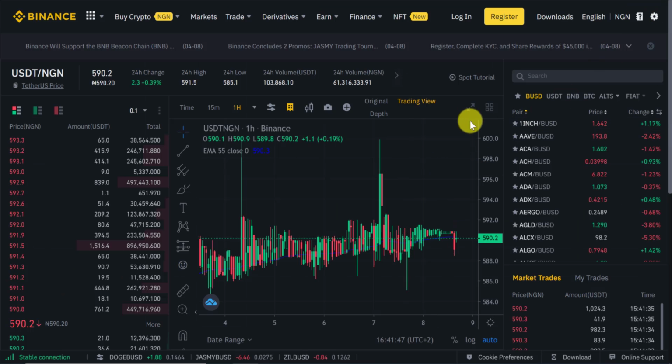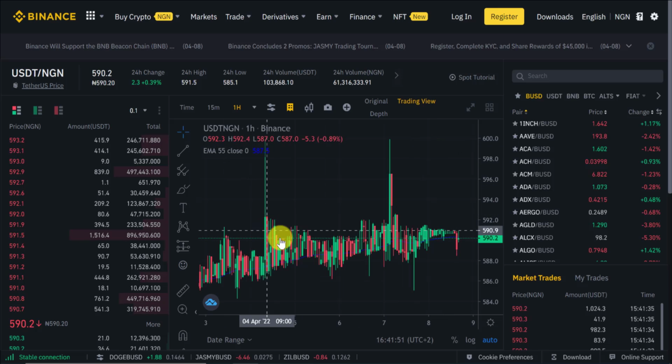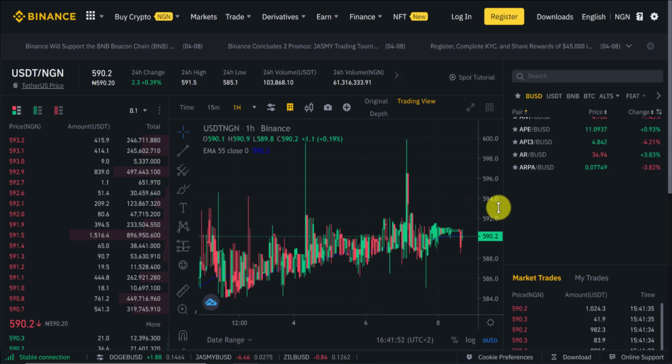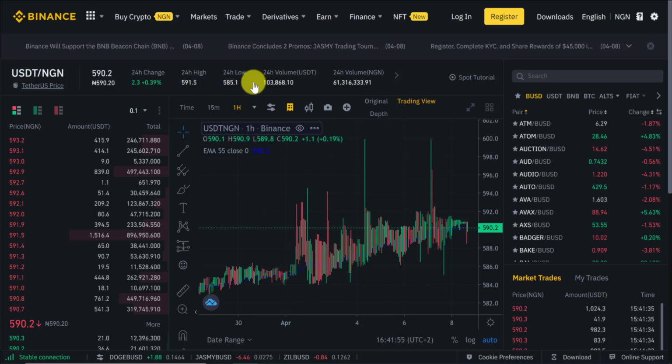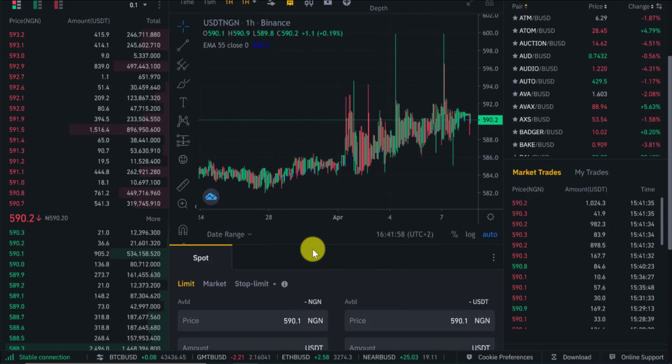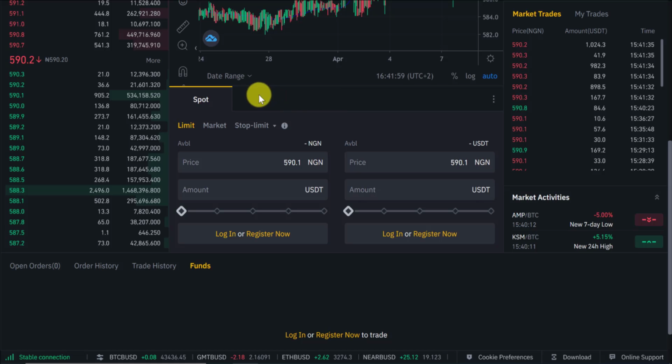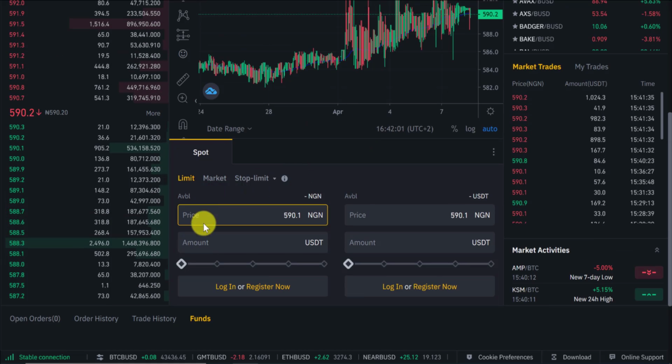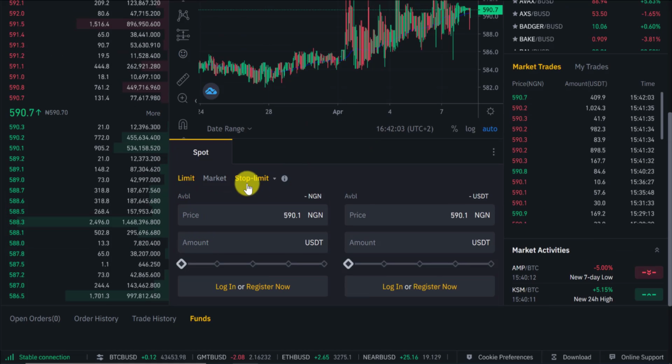Another thing I want you to pay attention to: if you have done your analysis and you want to make your order, you have to scroll down here. These are limit order, market order, stop limit, the available balance, the price at which you want to buy, and the amount you want to buy.